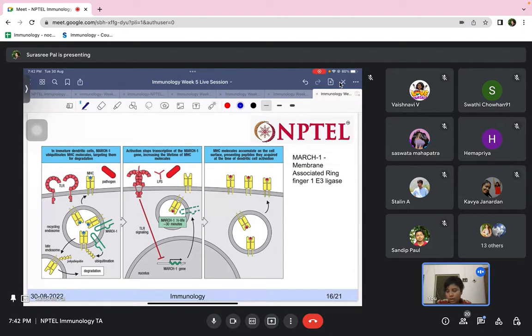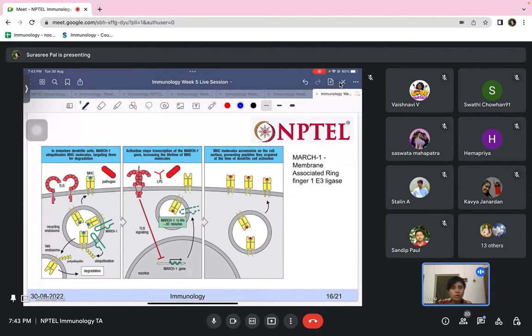Now suppose a dendritic cell, shown here in this figure, comes in contact with a pathogen.